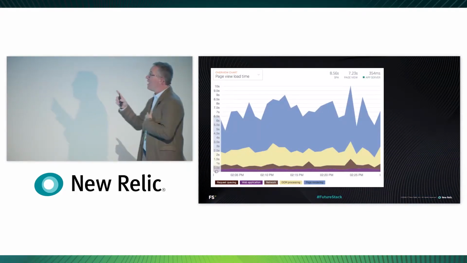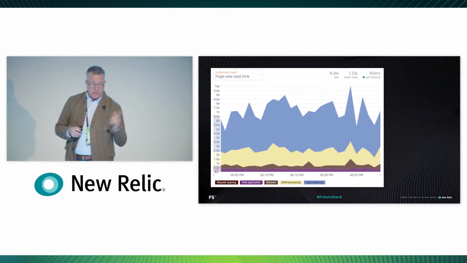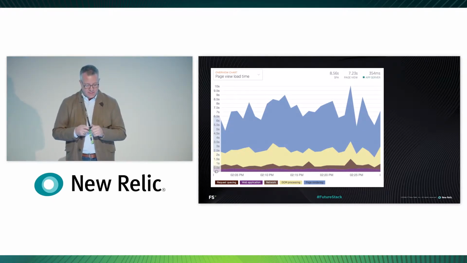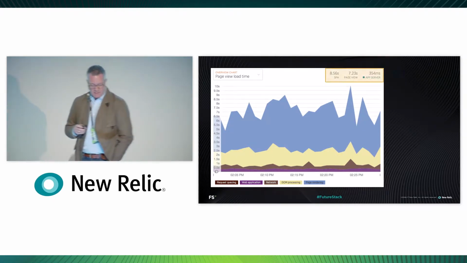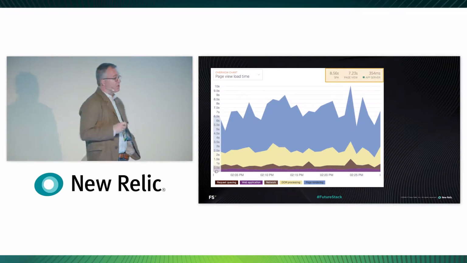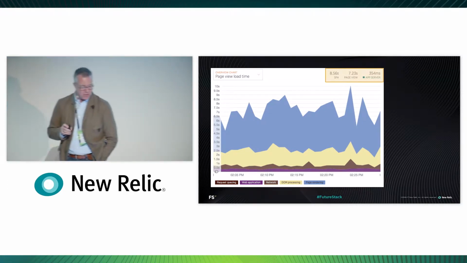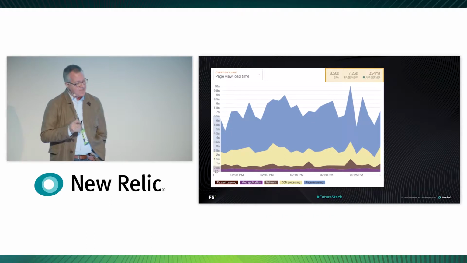So this graph comes from an actual site that's being monitored by New Relic with New Relic Browser. Take a look at the load time associated with this graph. So, what do you notice? 7 to 8 seconds, right? That's pretty large. That's a pretty long time to ask a user to wait for their content to load.